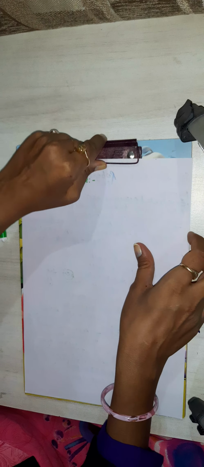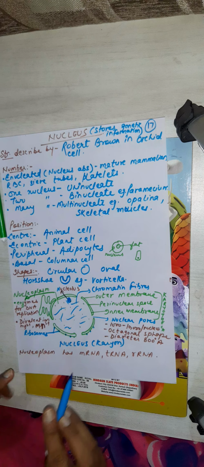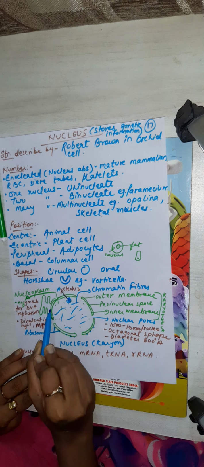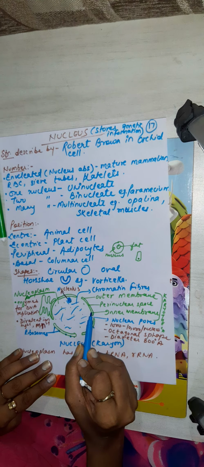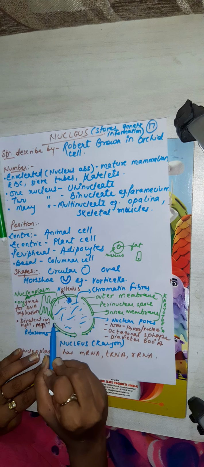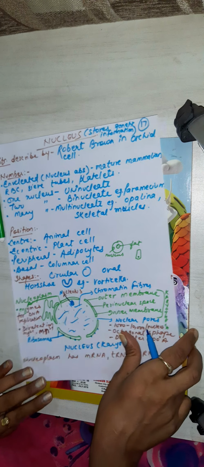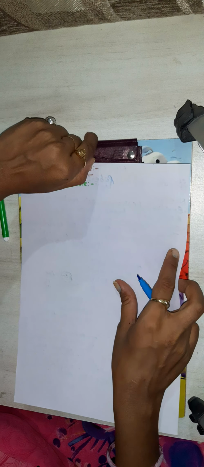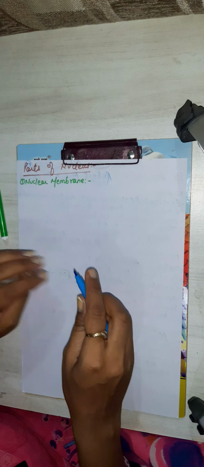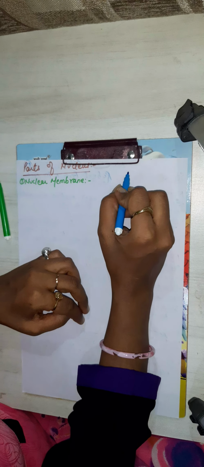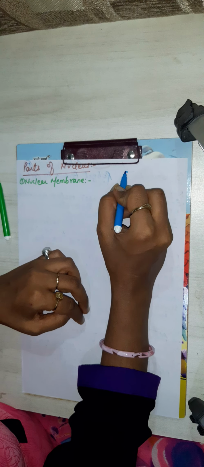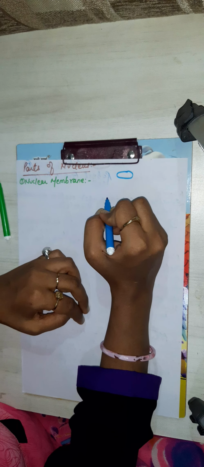Nuclear membrane. I have explained this nuclear membrane in this diagram. This is the nuclear membrane, outer and inner, and this is the nuclear pore. Now we will look at a magnified structure in detail, how it really looks.